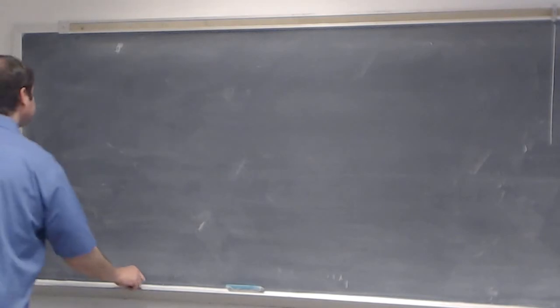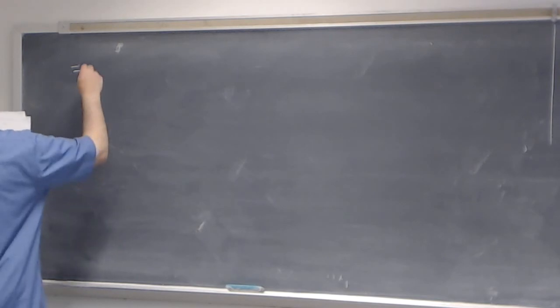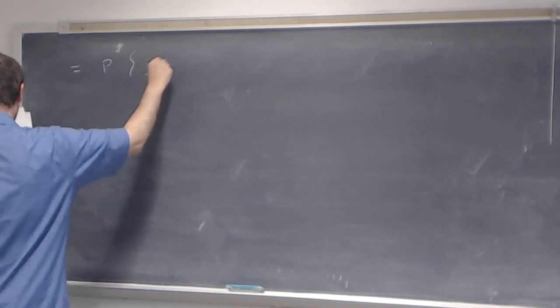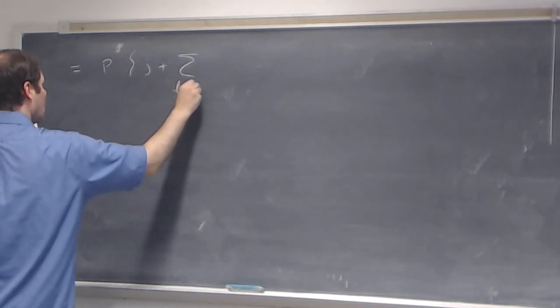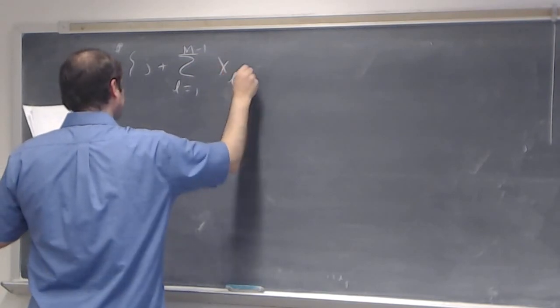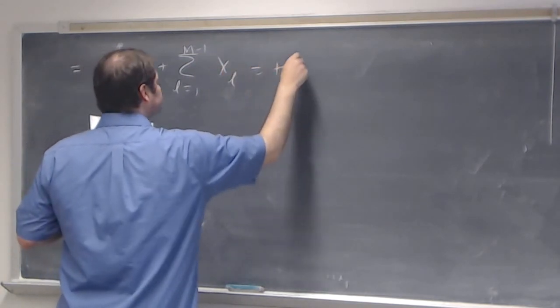That's equal to the probability that j plus the sum, I'll say L runs from 1 to M minus 1 of X sub L equals k.